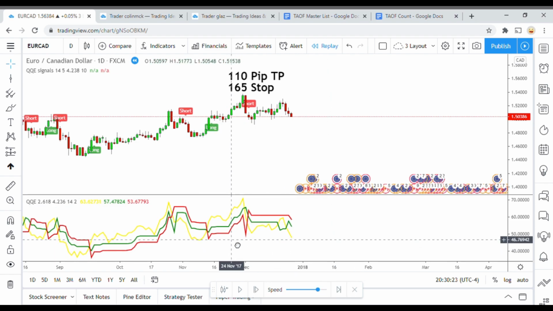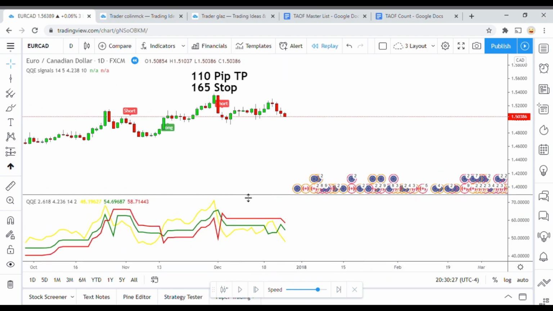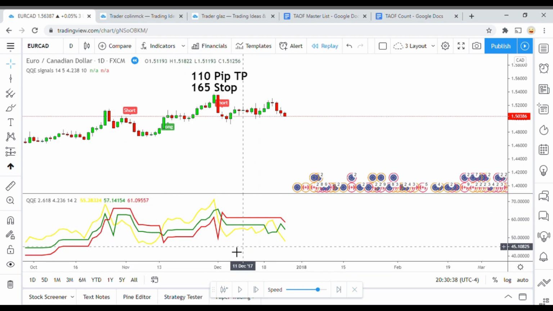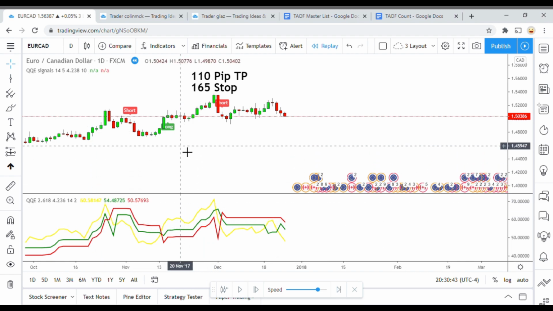So there we go. I bumped up the contrast, or the visibility, on those colors, and I increased the line width on them, so that you can see the QQE a lot clearer.